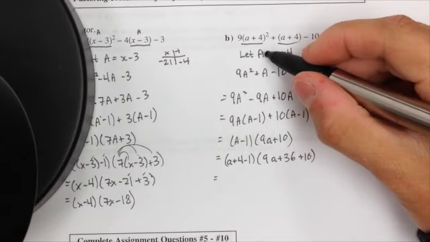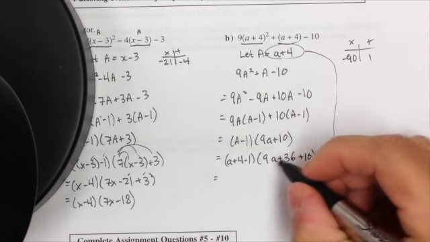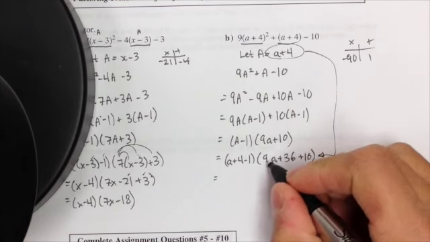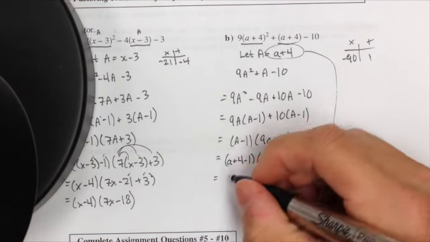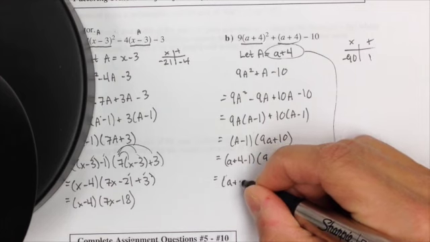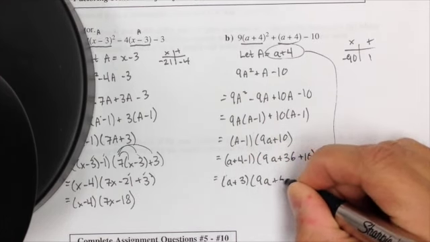So what I did here was I just brought these original numbers back in here. Okay? And so that 9 times a, 9 times 4 would be 36. Okay, so I'm going to be left with a plus 3 and 9a plus 46.